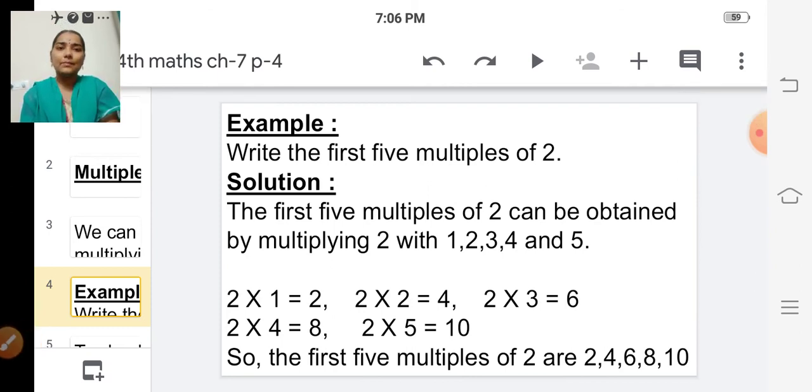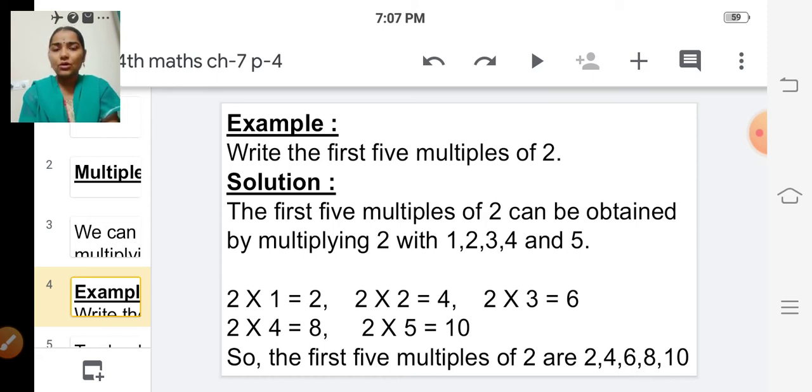Example. Write the first 5 multiples of 2. So how to find the first 5 multiples of 2? They have given 2 methods, isn't it? One is the number into any counting number. So here 2 into 1, 2 into 2, 2 into 3 up to 2 into 5, because they have asked only first 5 multiples.